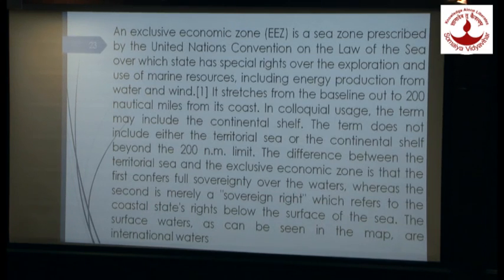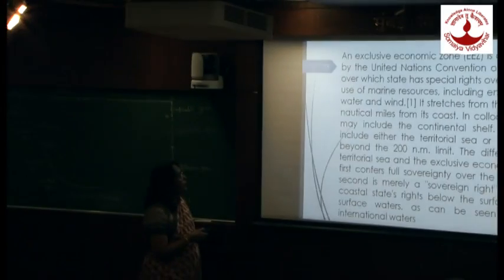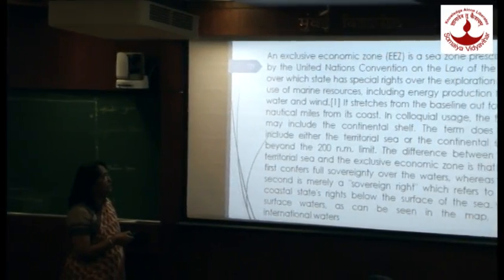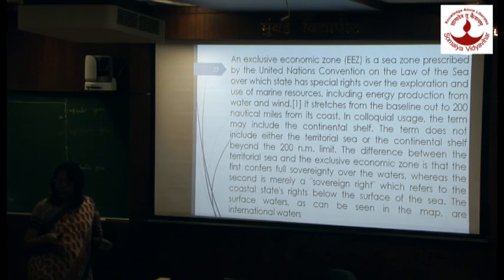Now you can get a lot of energy through wind and water. It stretches from the baseline out to 200 nautical miles from its coast. The term does not include either the territorial sea or the continental shelf beyond the 200 nautical mile limit. And the right to exploit that area belongs totally to the country.